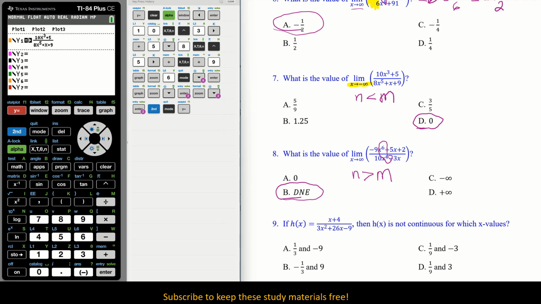So second mode, I'm going to go back to that, and I'm going to clear the whole thing. Well, I can just clear the top, and then I can go to the bottom, and let's clear the bottom. Okay, now let's put it in fresh. Okay, -9x up to the 6. So x caret up 6. You have to arrow over, minus the 5x plus 2.